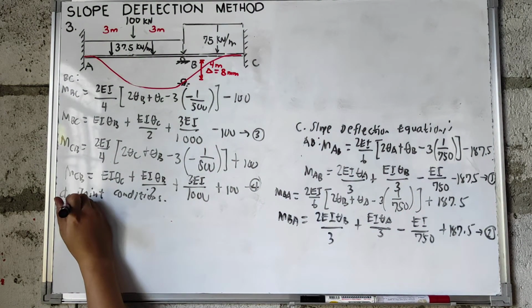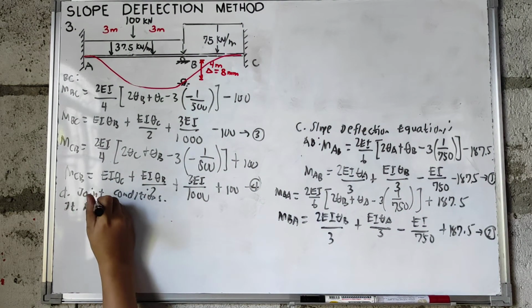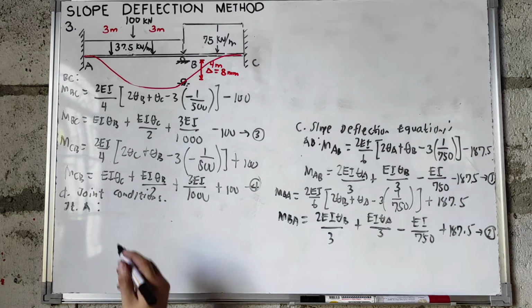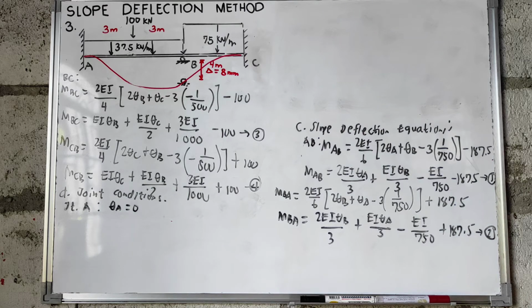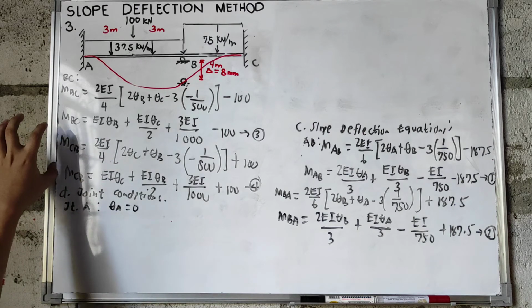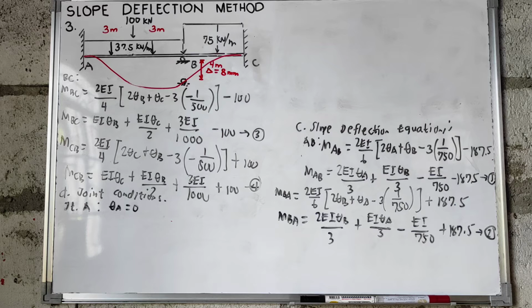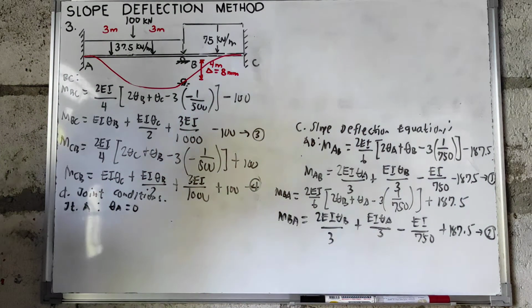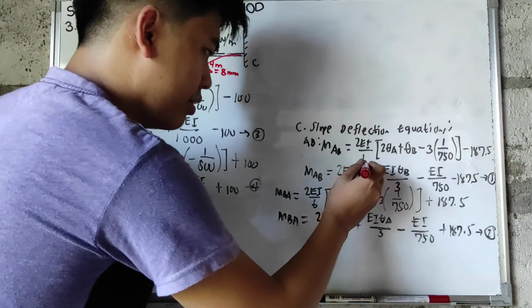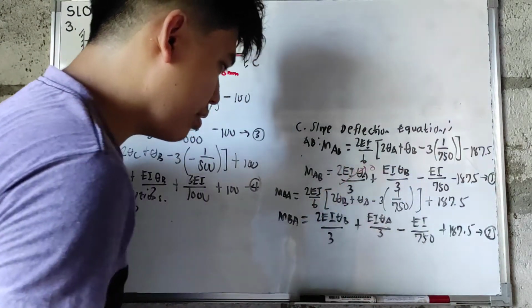So, yung joint A natin, at joint A, yung value ng theta A natin dyan is equal to 0. So, from that, we can simplify yung equations 1 at saka equations 2 natin. Yung mangyayari niyan, mawawala yung value yung theta A natin. So, yung equation natin for MAB, yung value natin for this one, sa mga theta A natin dito, is equal to 0.